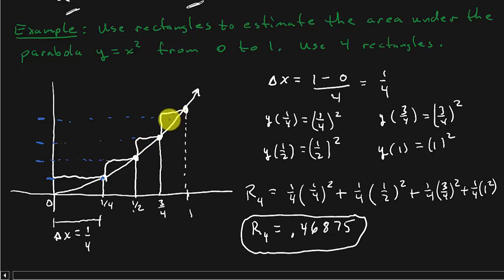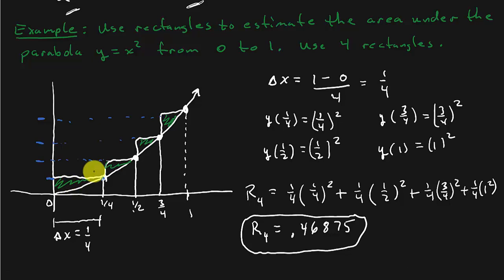See this right here? Let me color that in like green. See this area, this one, and this. That's extra. So we know we're actually over what the actual area is.